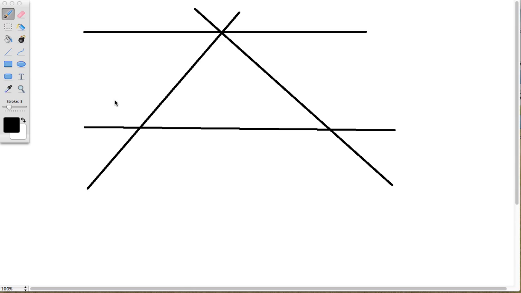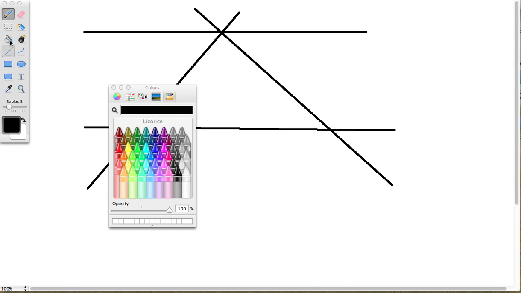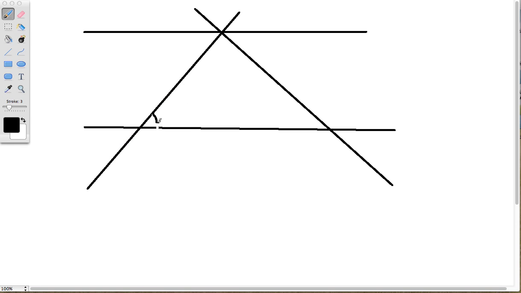Then we're going to make the angles inside the triangle. Okay, and I'm going to show you something about the angles inside a triangle.